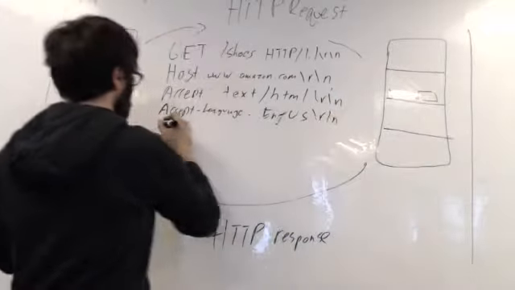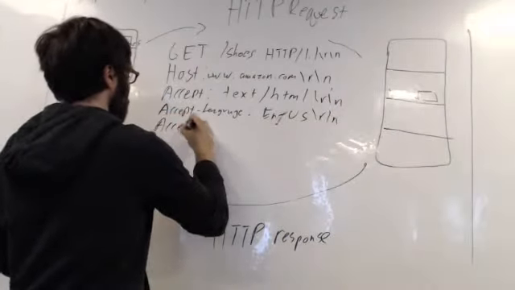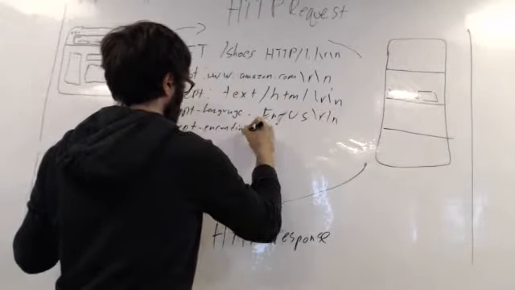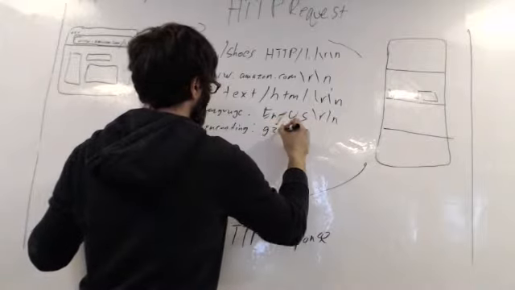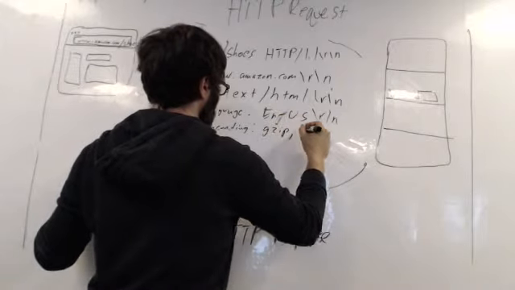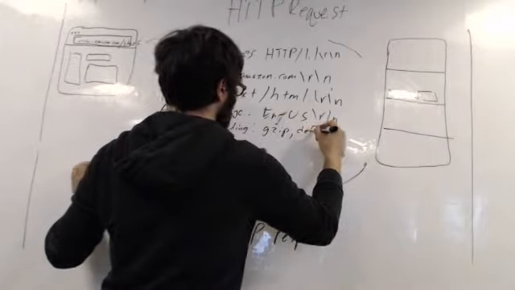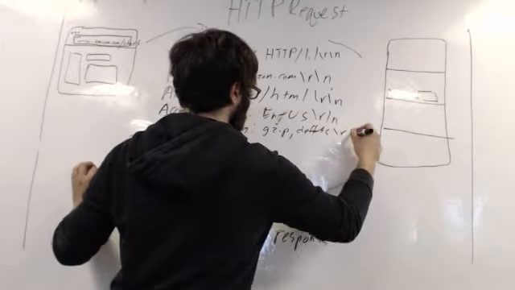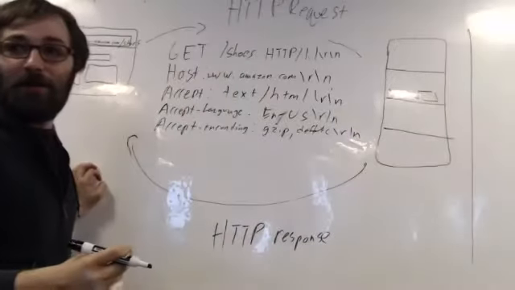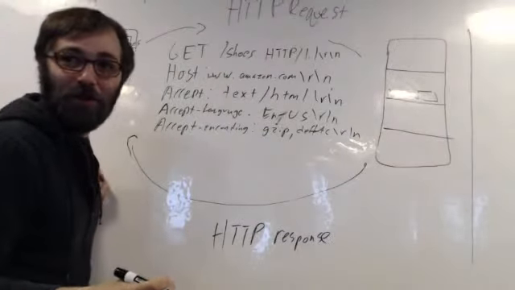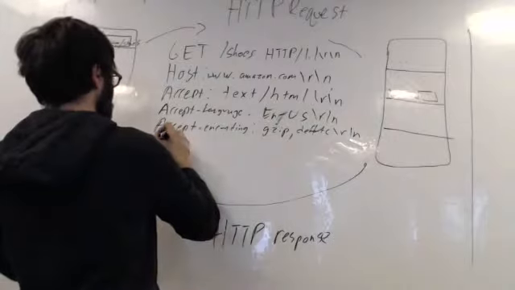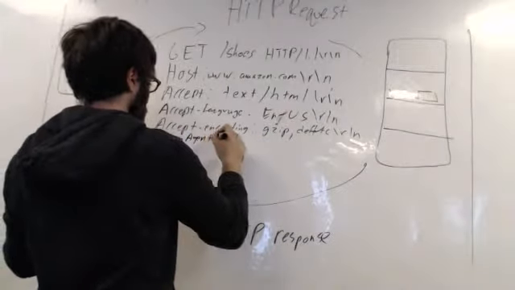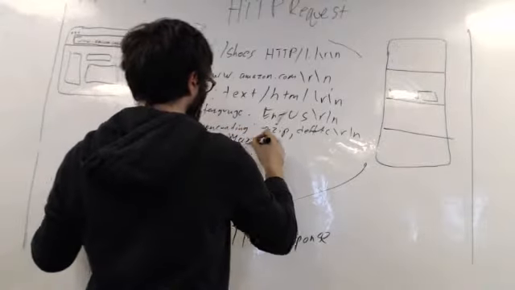Accept-Encoding: gzip, deflate, \r\n. All right. What else? User-Agent, which is I guess the browser. Yep. Mozilla/4.0. Cool.